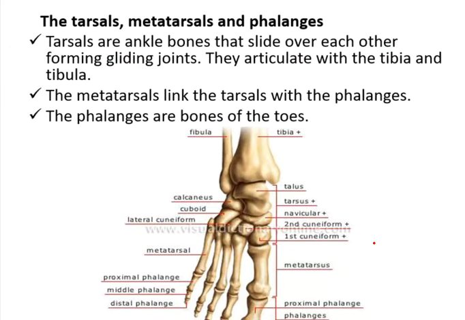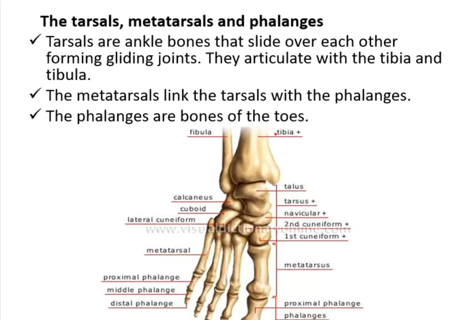Then the tarsals, metatarsals and phalanges. The tarsals are ankle bones that slide over each other, forming gliding joints, or the descriptive word is sliding joints, because those bones are able to slide over each other. And they articulate with the tibia and fibula. The metatarsals link the tarsals with the phalanges, and the phalanges are bones of the toes.